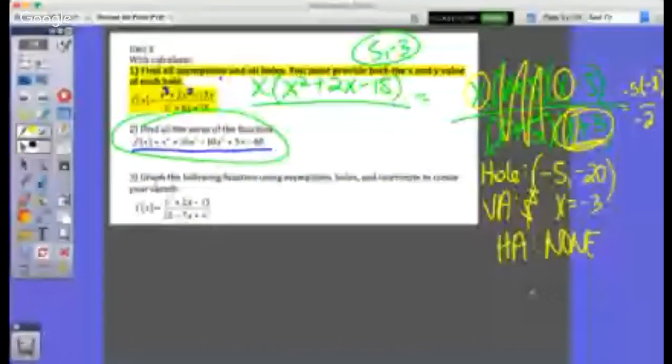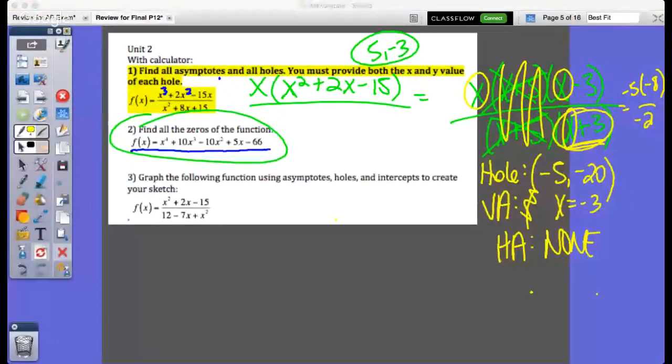They are, and I'll show you so you can see them. They're actually right here. If we're talking about the n and m, which is the degree, the highest exponent on the top and the bottom, if they are the same, the number that's in front of that highest exponent, we divide.